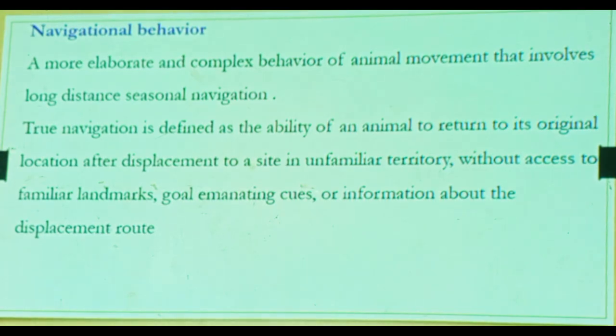Without missing their track, they can come back to their original place after a long distance, without seeing familiar landmarks. They do have a mental map, of course, goal emanating cues.